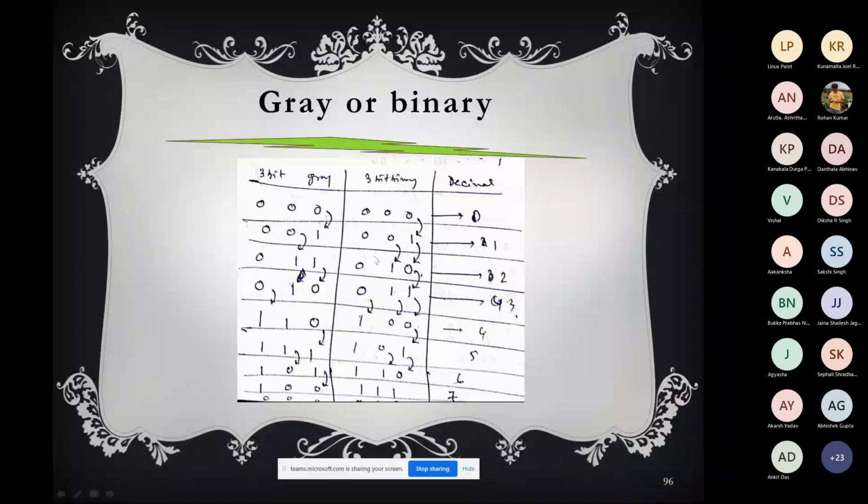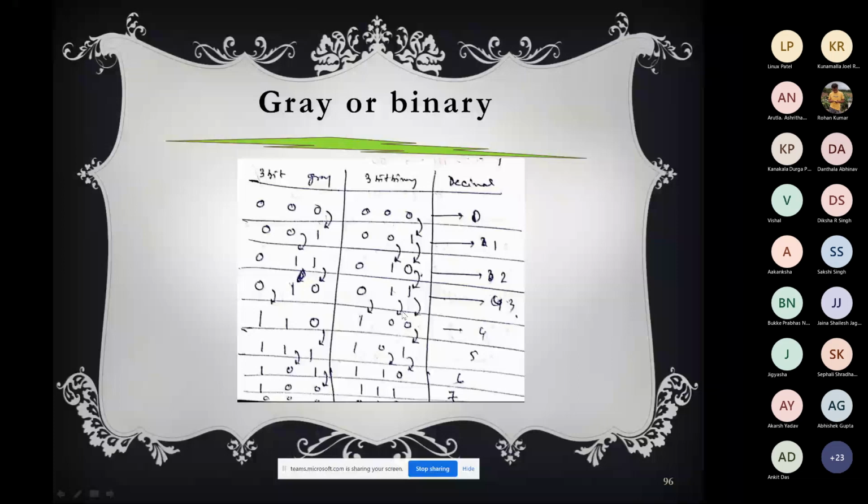What is the transition? One transition. Now you have 0 0 1 and then 0 1 0. What is the transition? It is two transitions, 0 to 1 and 1 to 0. And 0 1 1 to 1 0 0 has three transitions. So in the binary pattern, at each point you may have more than one transition. One transition means either 0 to 1 or 1 to 0.